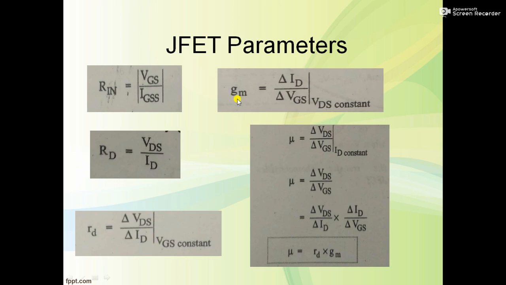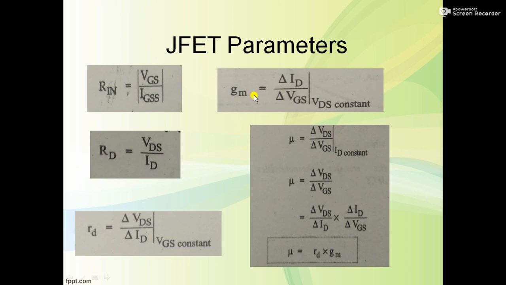The next parameter is forward transconductance. The forward transconductance is the change in the drain current for a given change in gate to source voltage, with the drain to source voltage constant.